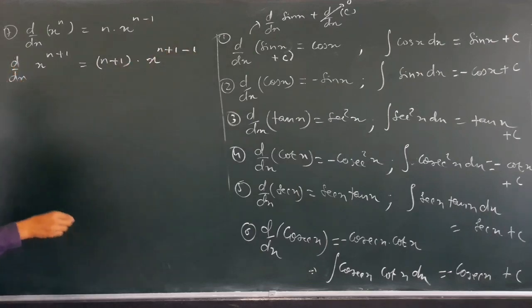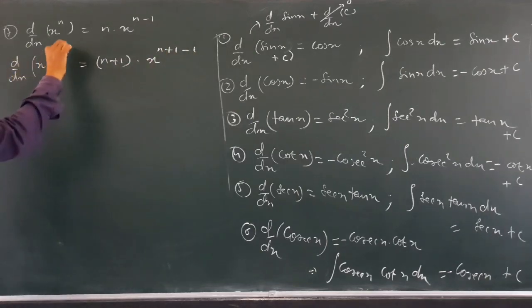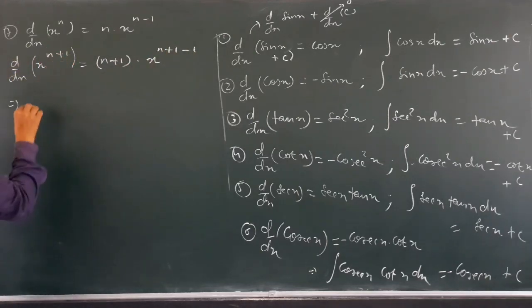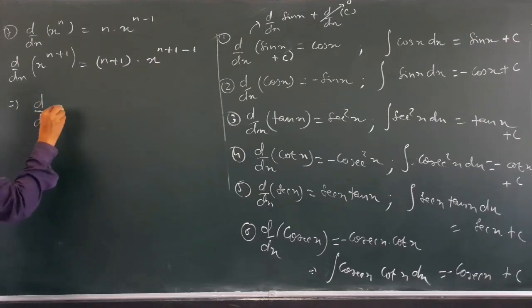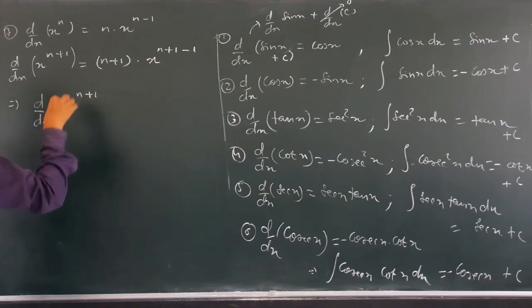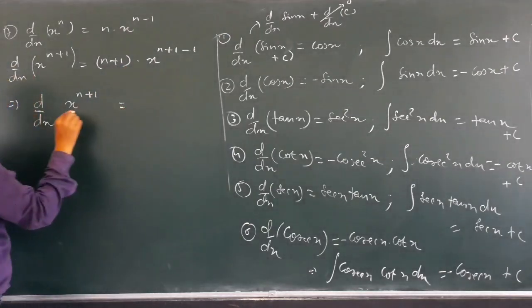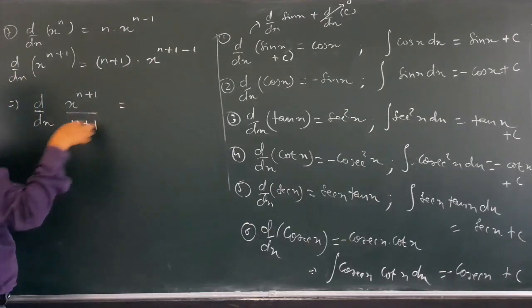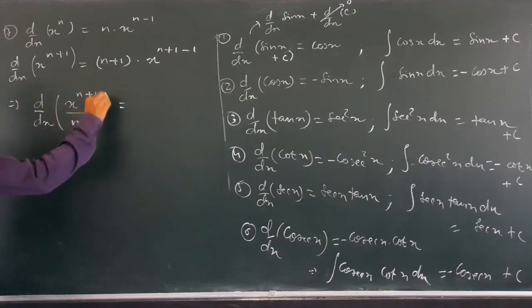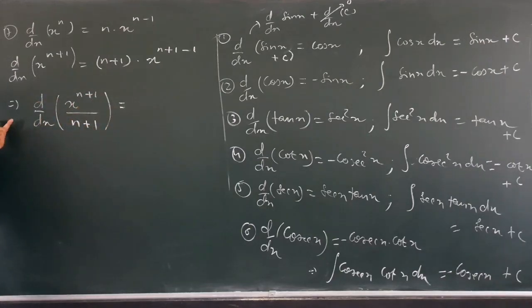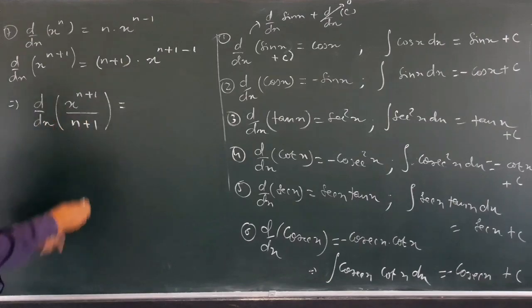So 1 will cancel. So d by dx of x to the power n plus 1 is equal to n plus 1 times x to the power n. Now n plus 1 is a number. This number we can put here also. We'll divide it this side.